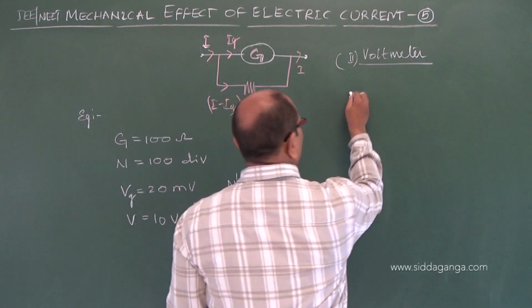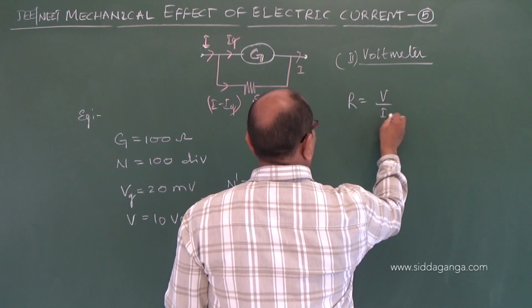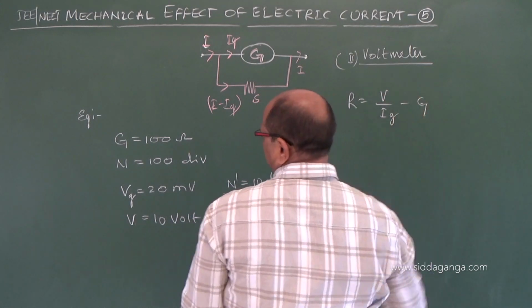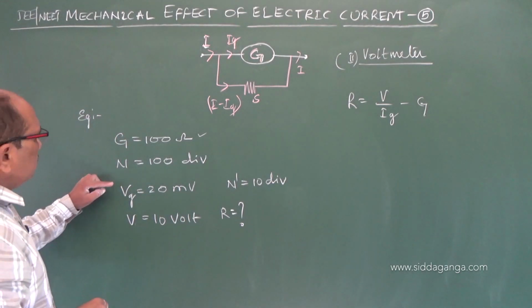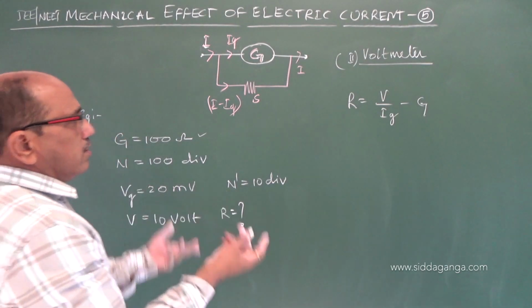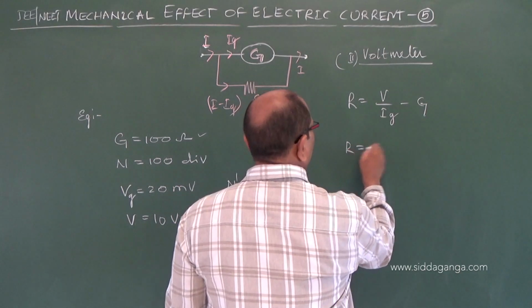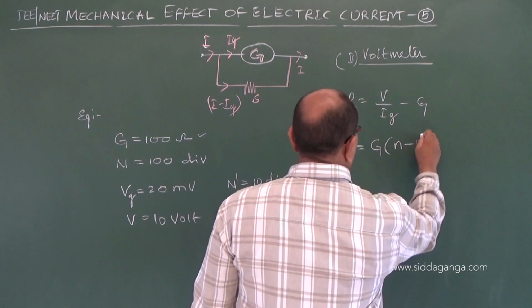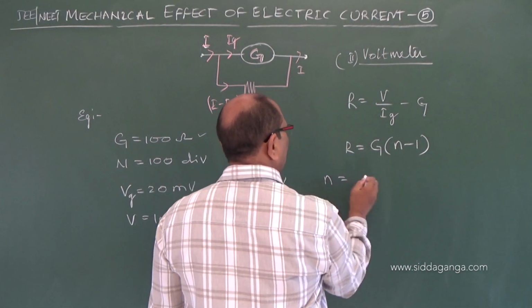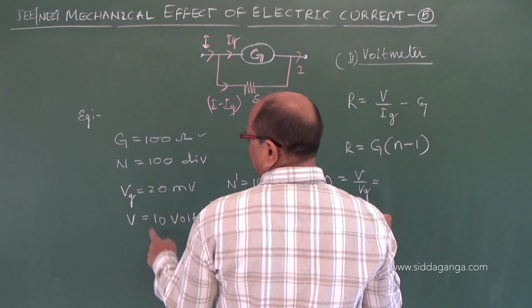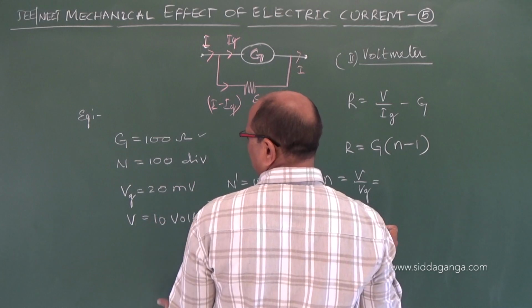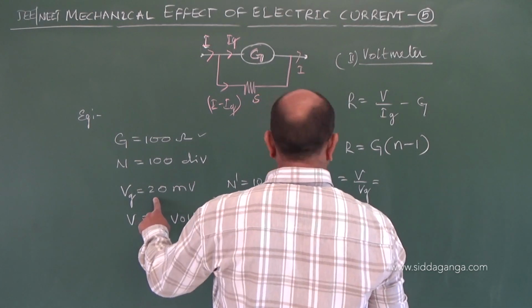The formula you know, R is equal to V over Ig minus G. They have given G, but they have given V. If you go for that also, R is equal to G into N minus 1, for which you require N is equal to V by Vg. V is known, 20 mil, Vg known. We have to calculate V by Vg.